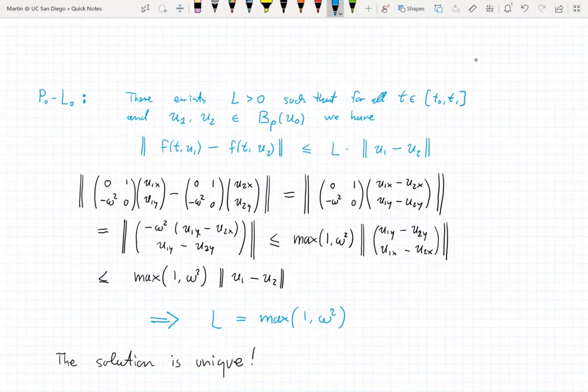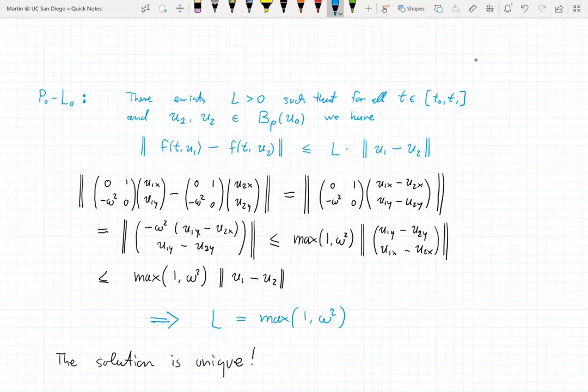With some knowledge from linear algebra, or maybe some explicit calculation of this Euclidean norm, we can see that this is bounded from above by the maximum of 1 and omega square multiplied with the Euclidean norm of the vector u1y minus u2y and u1x minus u2x.